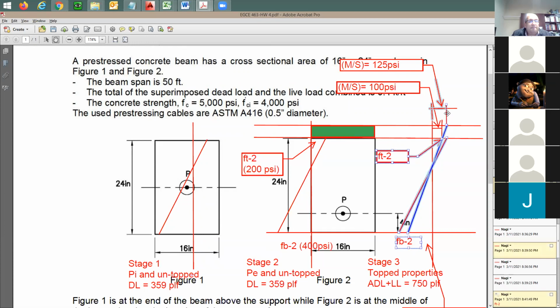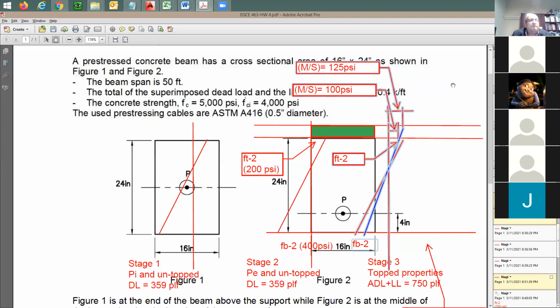Just about the exam, how many problems are we doing? One big problem, but it's going to include lots of work. And Professor, you said it's going to be just T-beams, right?